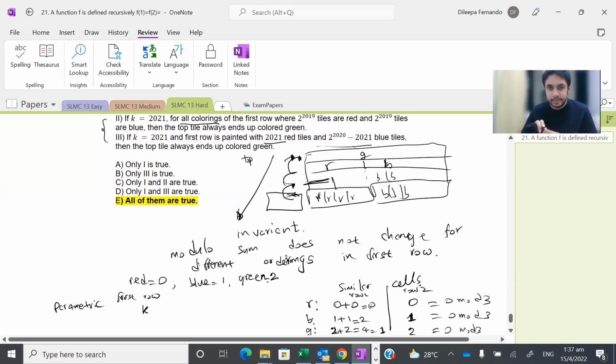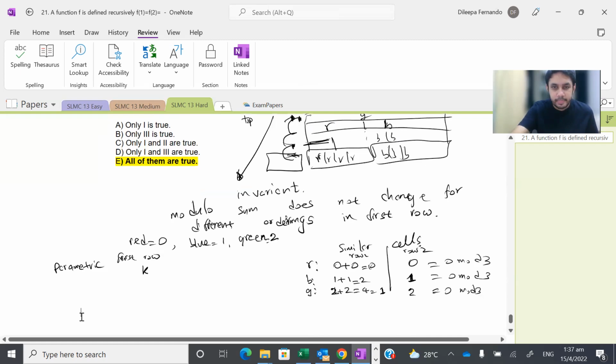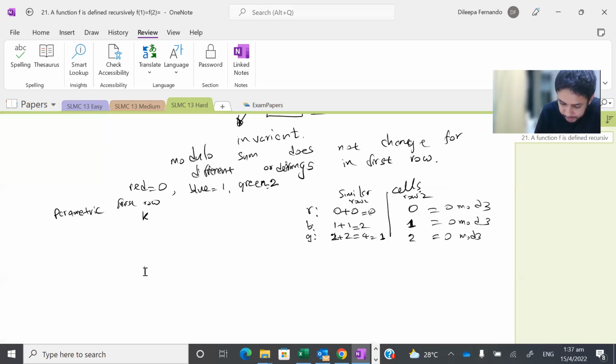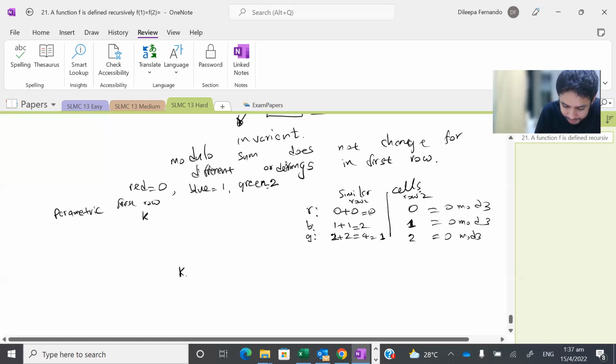That means if row 1 has k mod 3, can you see that? Row 1 is k mod 3. Row 2 is 3 minus k mod 3.